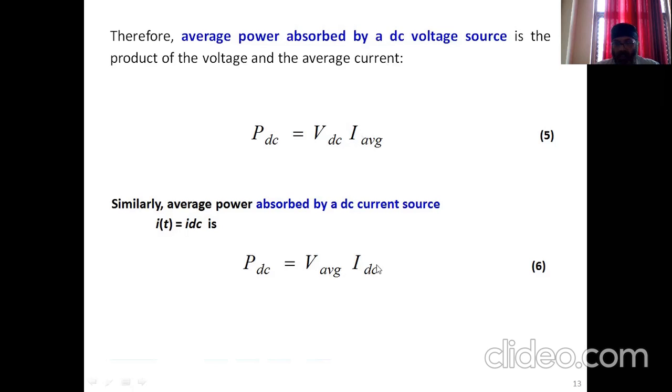So all these combinations are possible. The only thing is we have to first calculate the average value of that particular signal from the instantaneous value. So first the instantaneous value is used to get the average value, and then this average value of that particular signal is multiplied by that DC source, and we get the DC power.